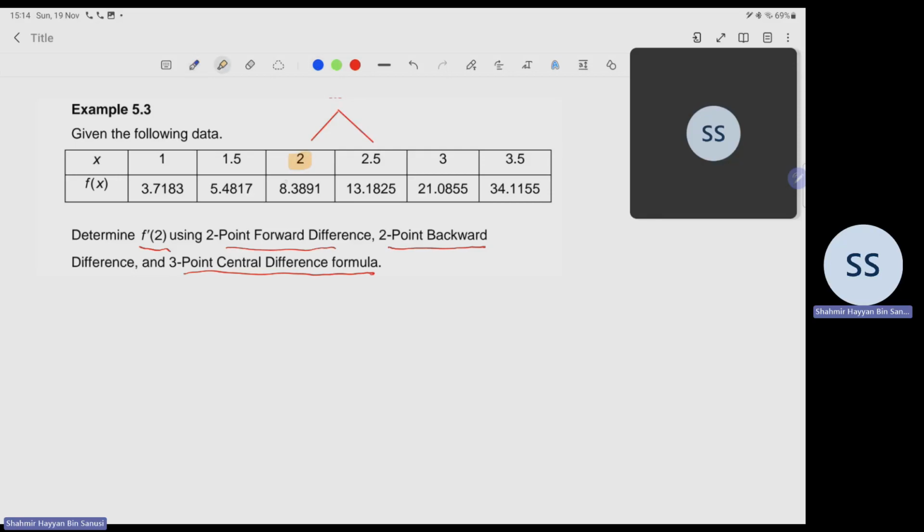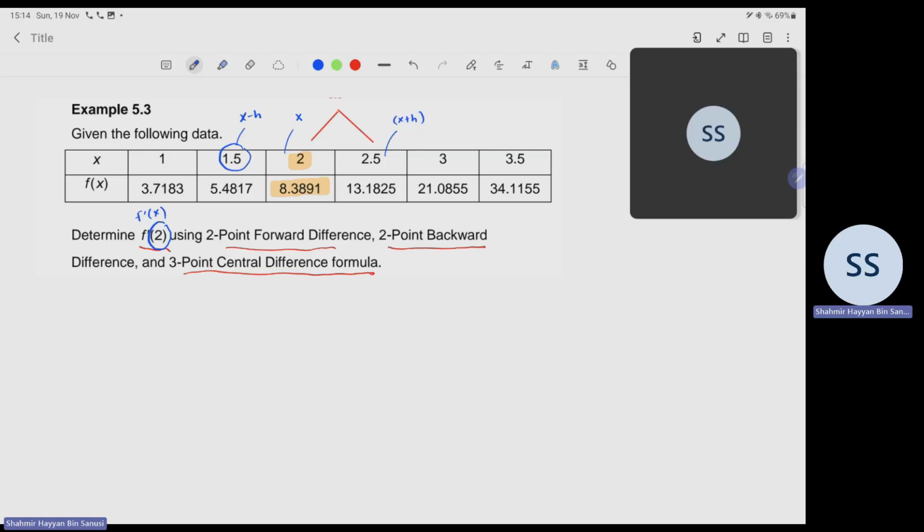This is my point of interest, meaning that my x is 2, because it asks us f prime 2. So if 2 is my x, 2.5 is my x plus h, and 1.5 is x minus h.